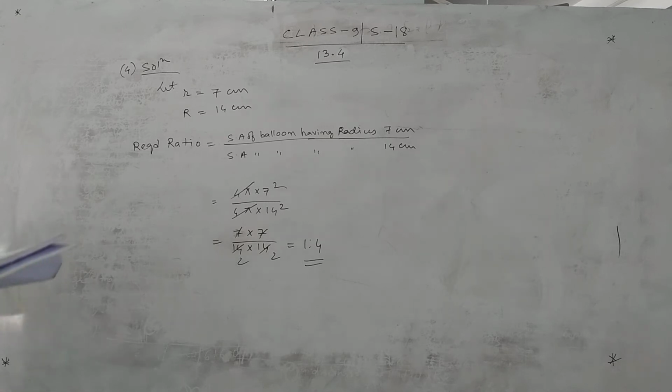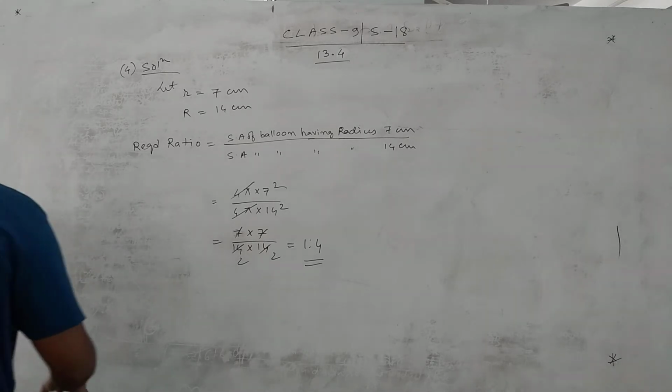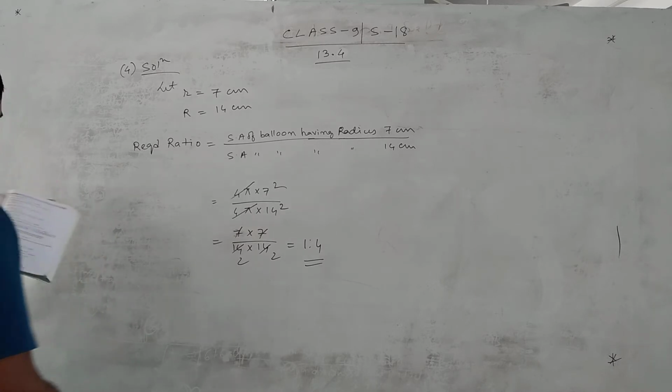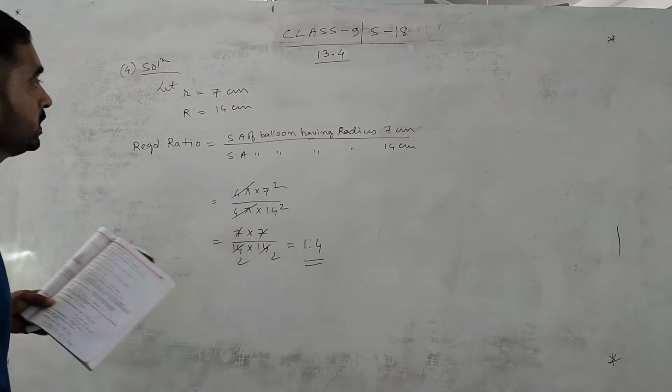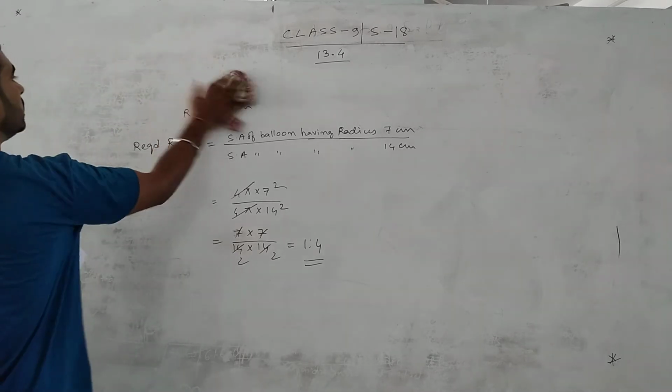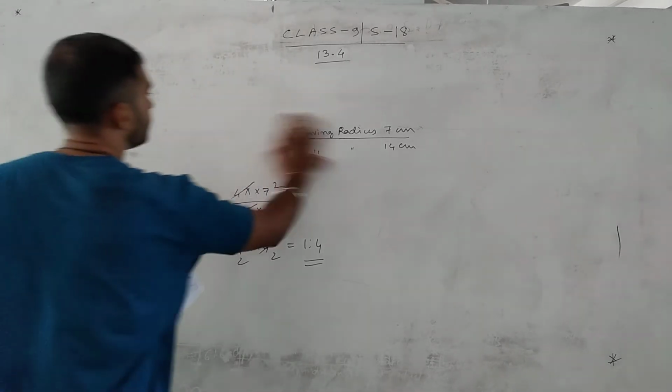Okay, then next question is, a hemispherical bowl is made of brass, has inner diameter 10.5 centimeter. Find the cost of plating it on the inside at the rate of 16 per 100 square centimeter. So we have to find out the cost. So before finding the cost, we have to find out the curved surface of the hemisphere. So question 5.